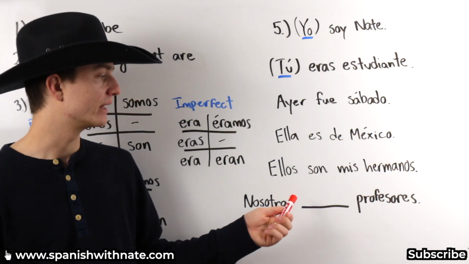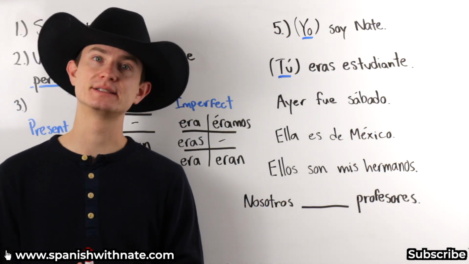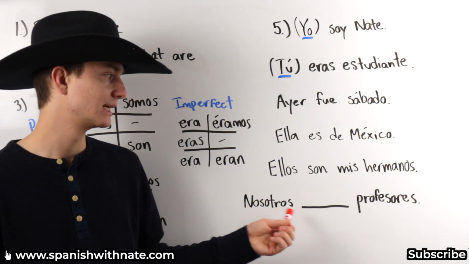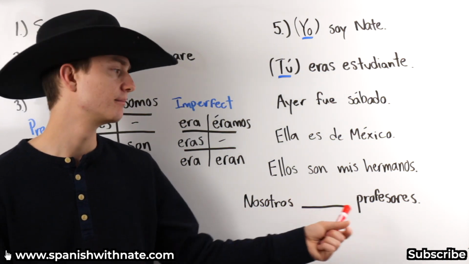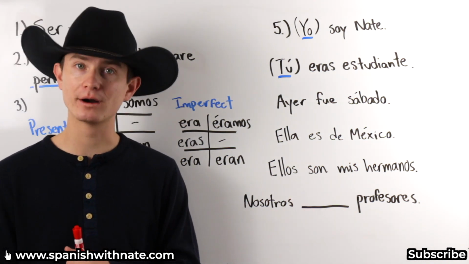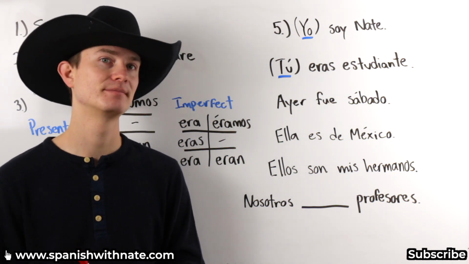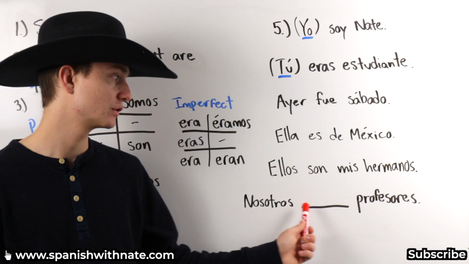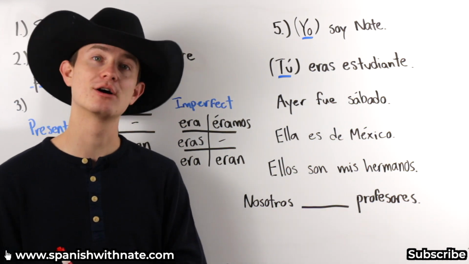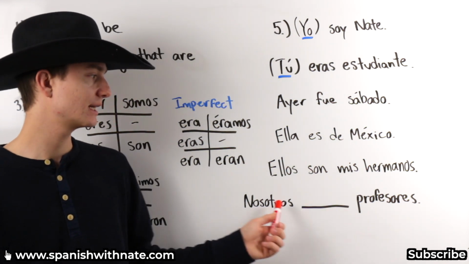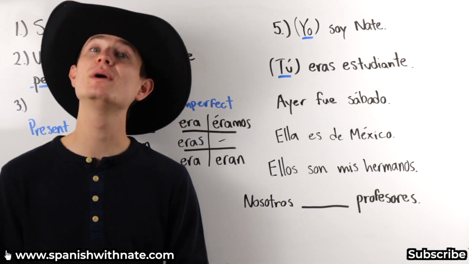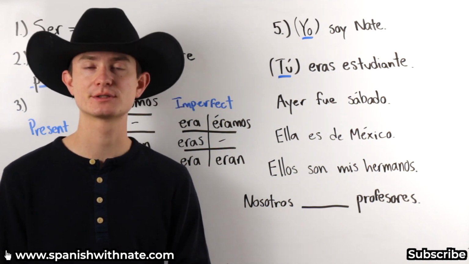Now, we could also put this in the imperfect tense. Nosotros éramos profesores. We were professors, or we used to be professors. Nosotros somos profesores. We are professors. Or, nosotros éramos profesores. We used to be professors.